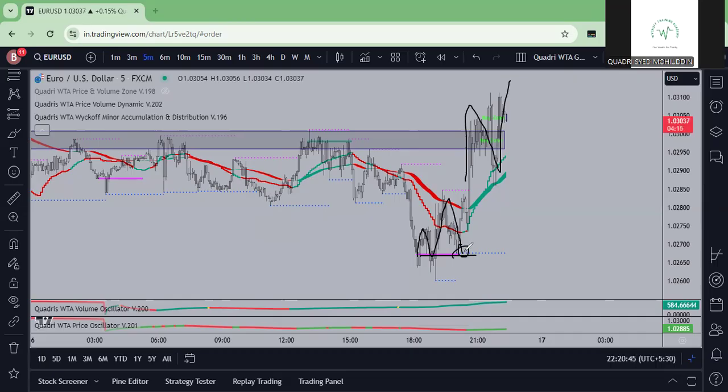Either you would have got entry over here, or if you're planning to trade based on your trigger candle identification, then you would have traded over here.